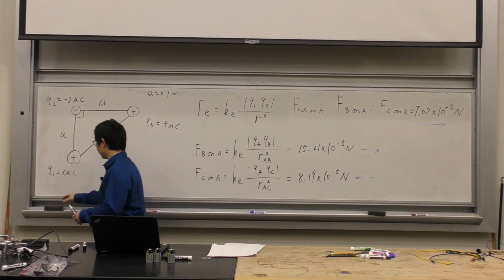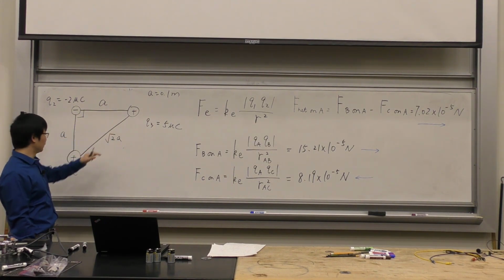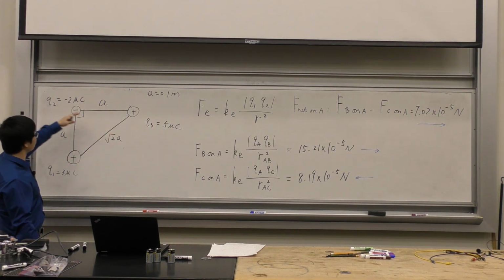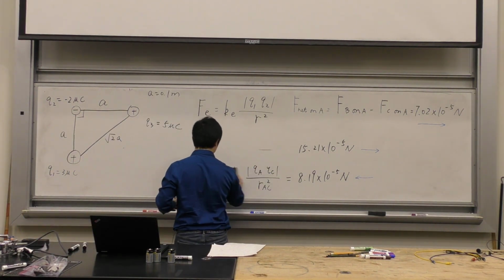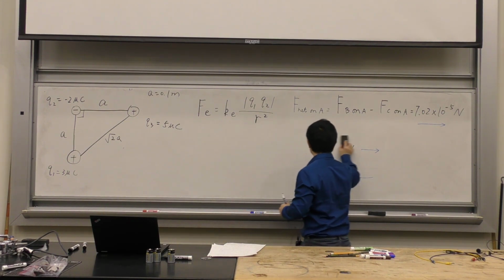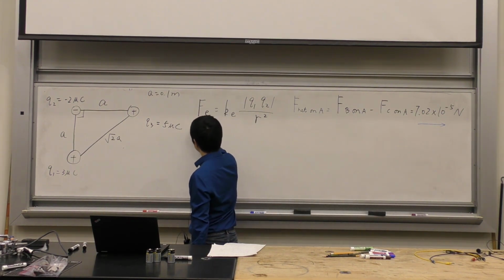Okay, first of all, I know there should be 2 forces on Q3, right? Q1 has a force on it. Q2 also has a force on it. So what I'm going to do is this, right? I'm going to first find these 2 magnitudes. Finding these 2 magnitudes is going to be easy.